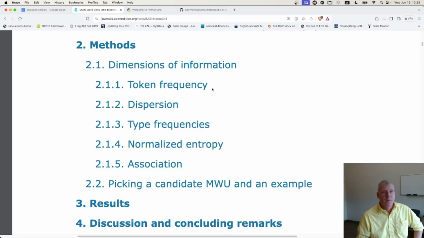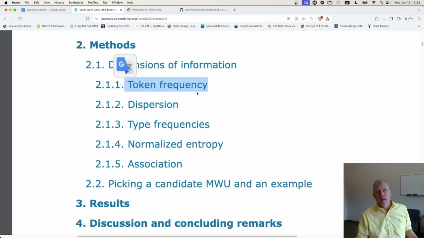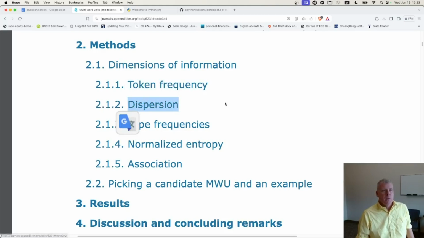And here they are. So we have token frequency, with the idea that a multi-word unit candidate that is more frequent overall in the corpus is more likely to be a multi-word unit, or it will have a higher score on that scale. Dispersion deals with how varied, across the corpus parts, that is the text files, each multi-word unit candidate is, with the idea that the more dispersed, the higher it will be on that scale.